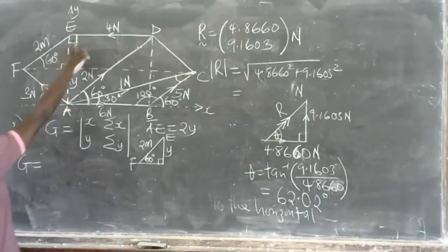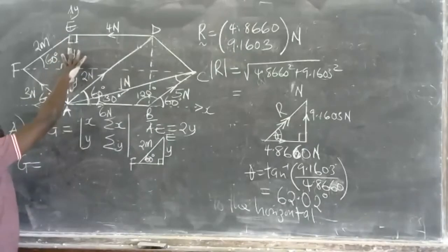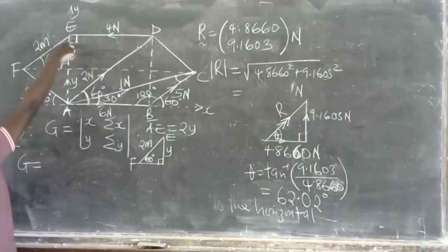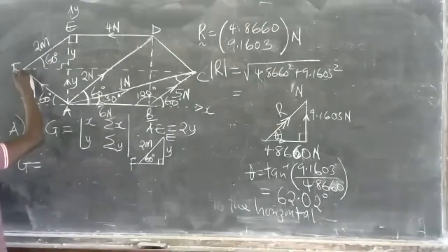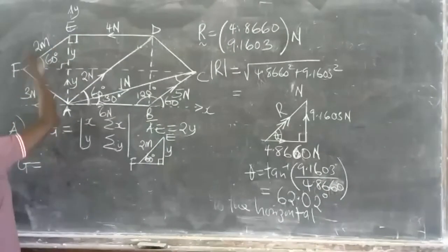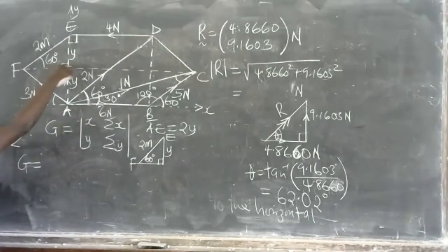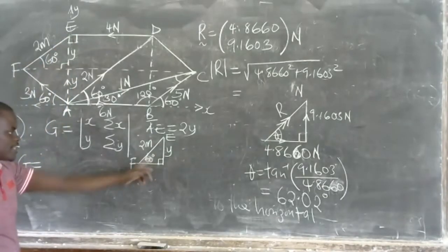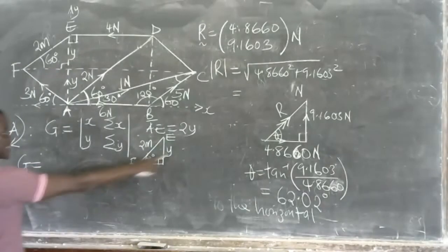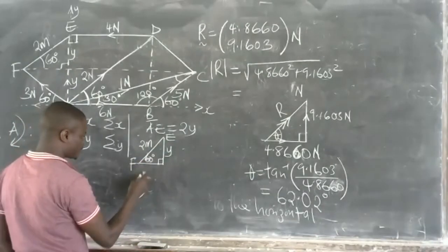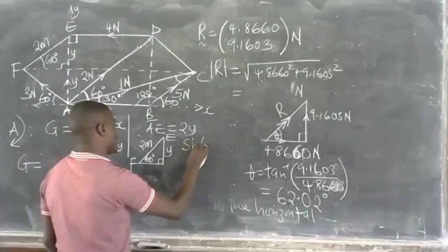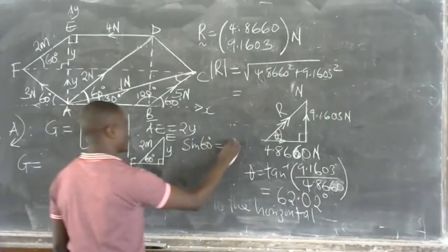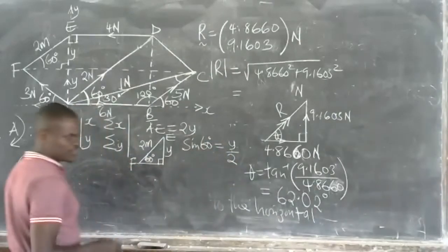Okay, so we want to find length AE, which is y plus y, which is 2y. But let us get only the length of this side and then times it by 2, using the triangle along AE, FE to this point, and that side, 60 degrees here. The distance is opposite to 60, meaning I'll use sine 60 degrees. Sine of 60 degrees equals opposite over hypotenuse.